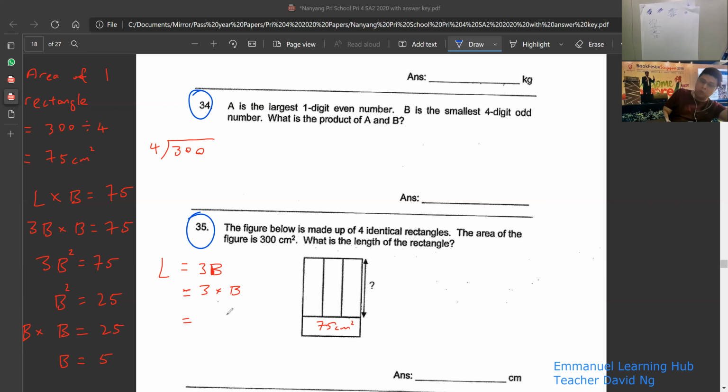The answer is very obvious really. 15. Yes. 3 times 5 is 15. So length is 15. Okay? Okay.